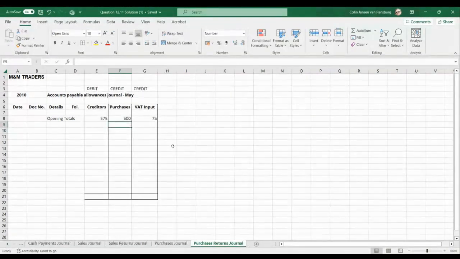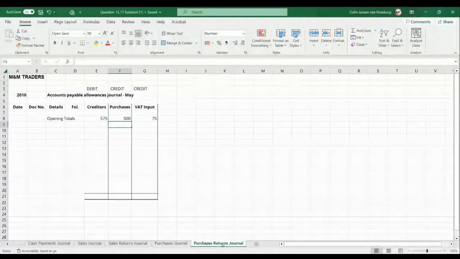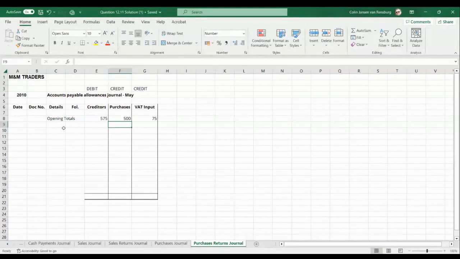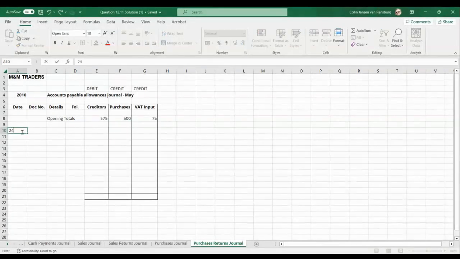So now we'll have to record this in the purchases returns journal, which is also sometimes referred to as the accounts payable allowances journal, which is why you can see that we normally use the shorter name. Okay, so let's say this happened on the 24th, just to give it a date. 24th of May, and it's Chico Wholesalers.